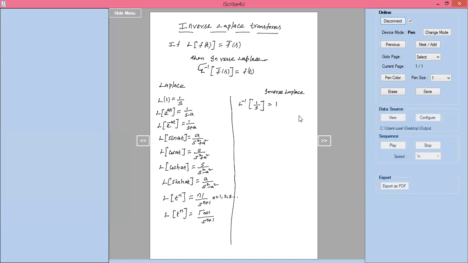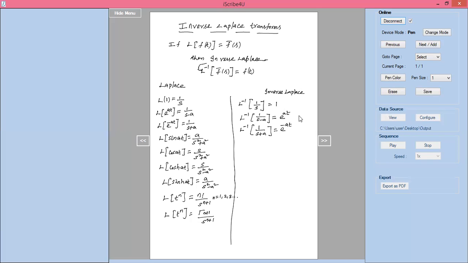Next, L inverse of 1 divided by s minus a equals e power at. L inverse of 1 divided by s plus a equals e power minus at.